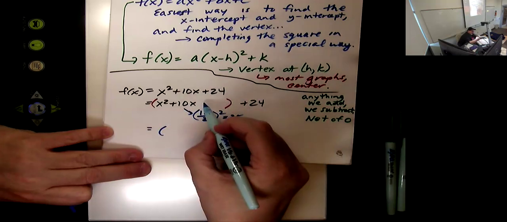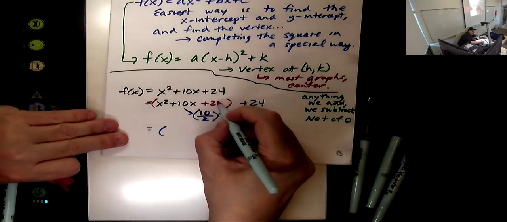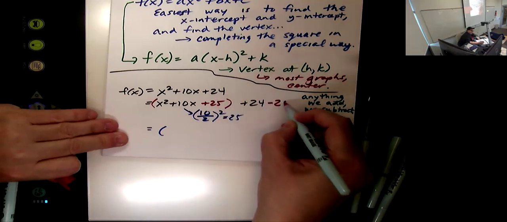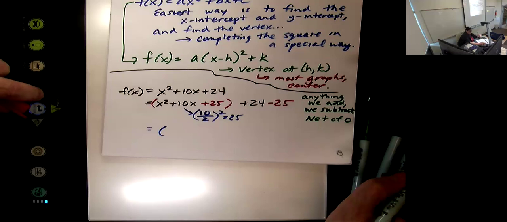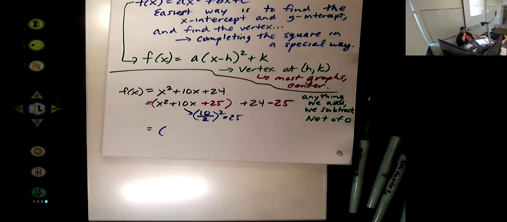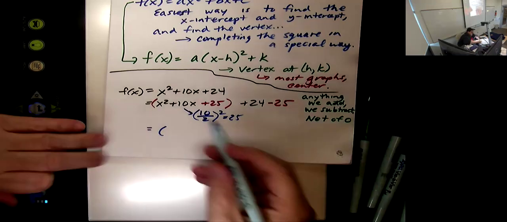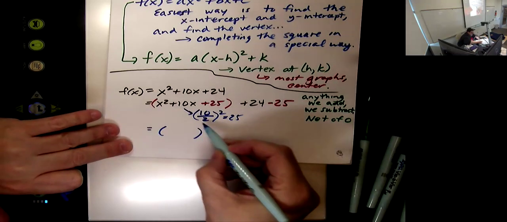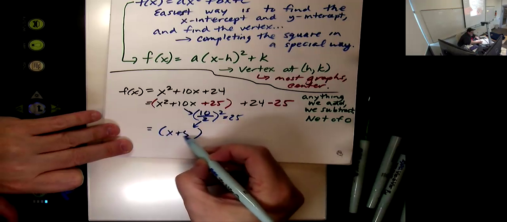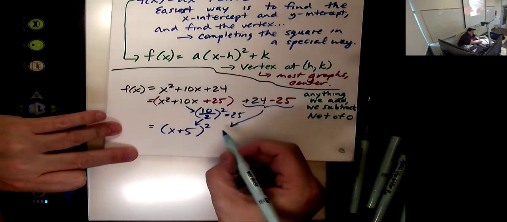So I am adding 25 in here. And since I've added 25, I'm going to subtract 25, so we have a net change of 0. That's the only real difference from how we've done completing the square in the past. This still drops in right here as (x + 5) squared. And now we'll just do this to find out what's at the end.